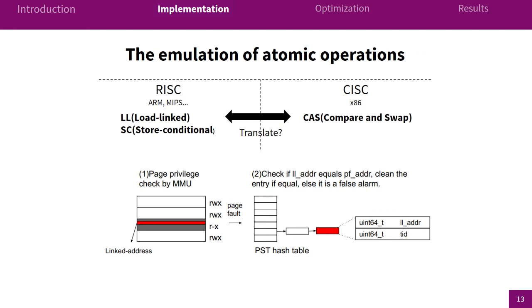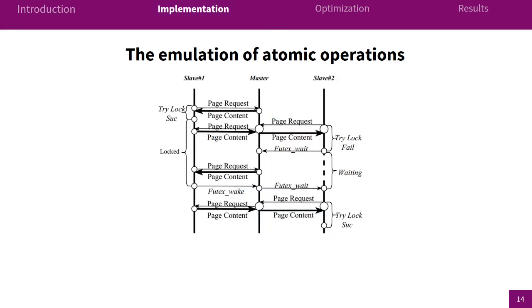As for the emulation of atomic operations, there are load-link and store-conditional in RISC, and compare-and-swap in x86. When translating LL and SC into CAS, QEMU introduces a potential ABA problem. To avoid this problem, we provide an ABA-aware mechanism. The details are described in the paper. What we are focusing on here is the cross-node emulation.